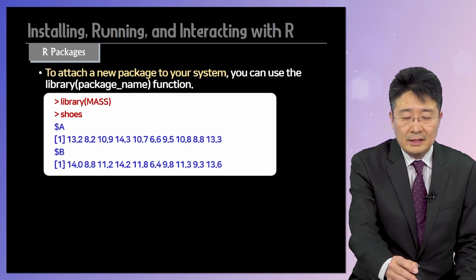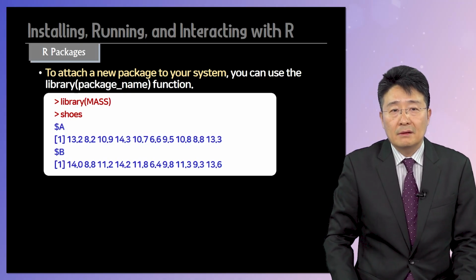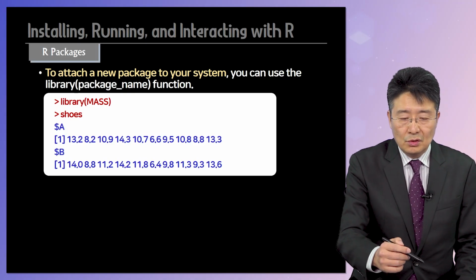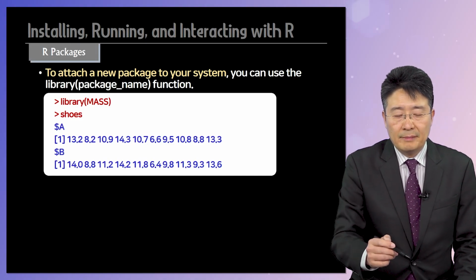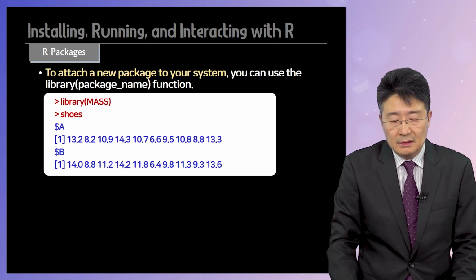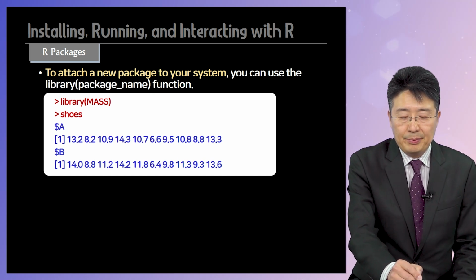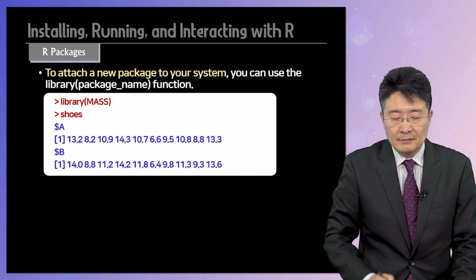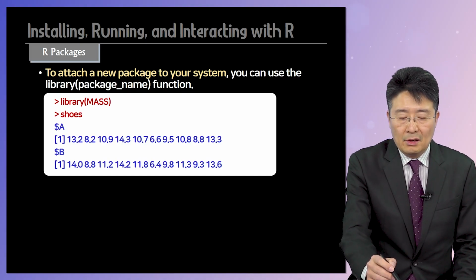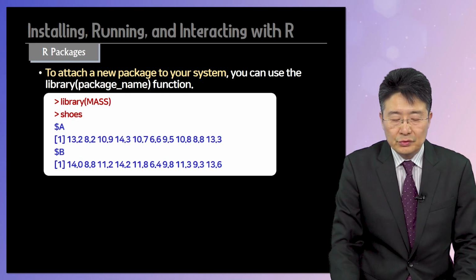We don't use any double quotations in here. So in order to attach a new package, just use this command, library(package name). In this example, we attached the math package, and after attaching this package, we can call this dataset named shoes.